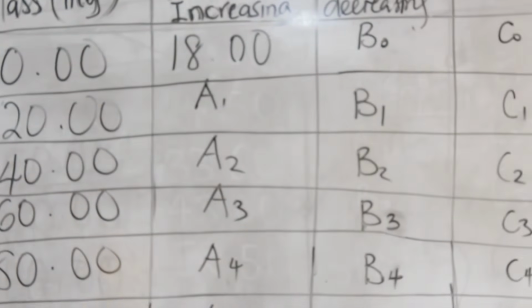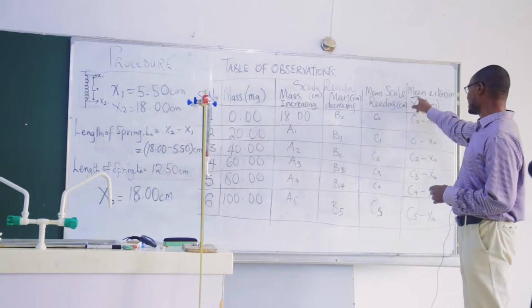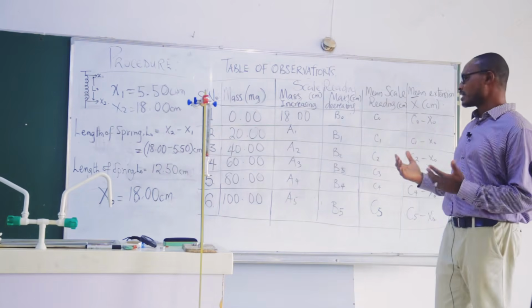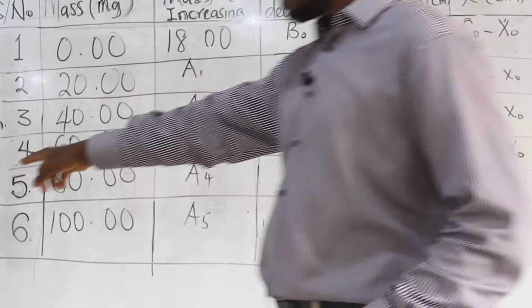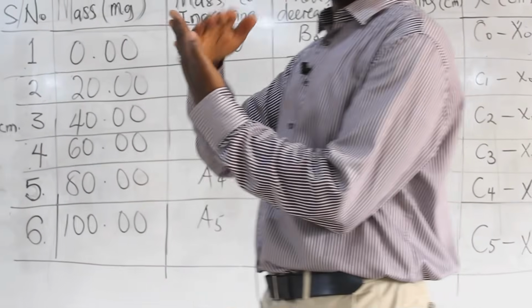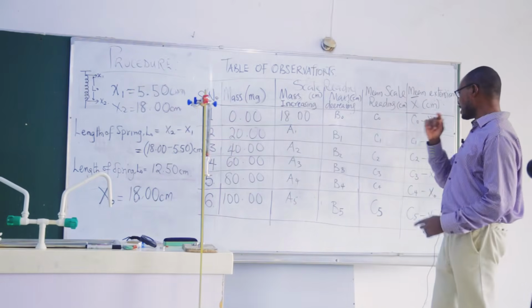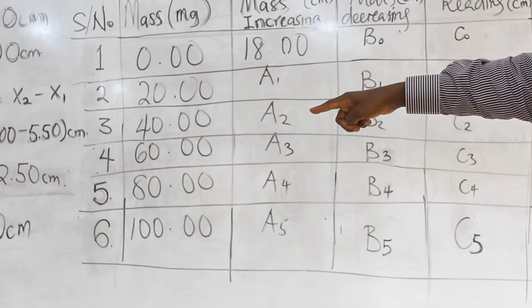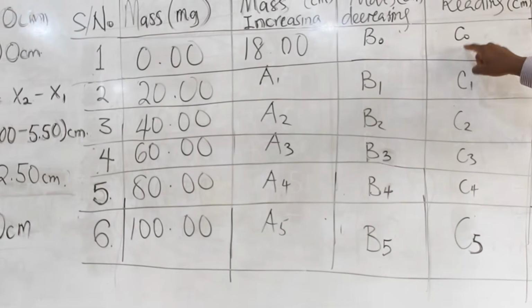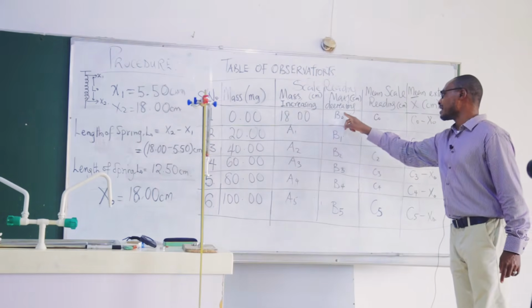Then the last one now, we have what we call the mean extension, X bar. How do you get the mean extension? You remember that we have our X naught, which is the reference point, the lower part of the spring, corresponding to the reference point. So what you are going to do is subtract that reference point, X naught, which is 18 centimeters, from C naught, the mean of the mass increasing and the mass decreasing.